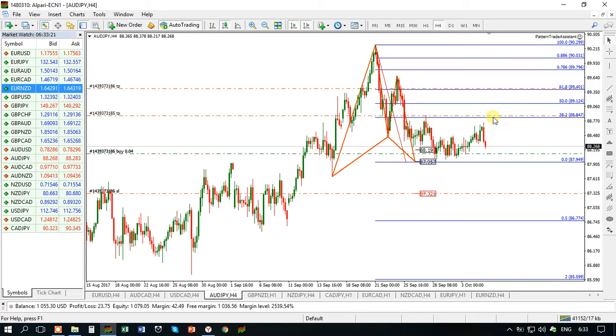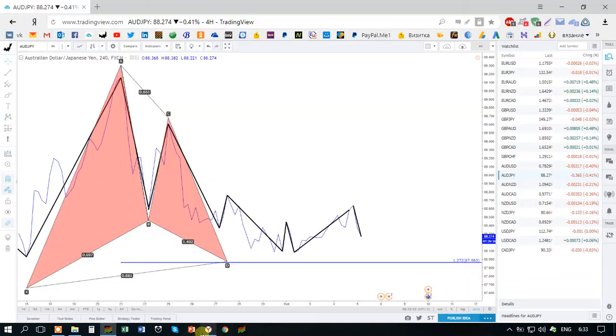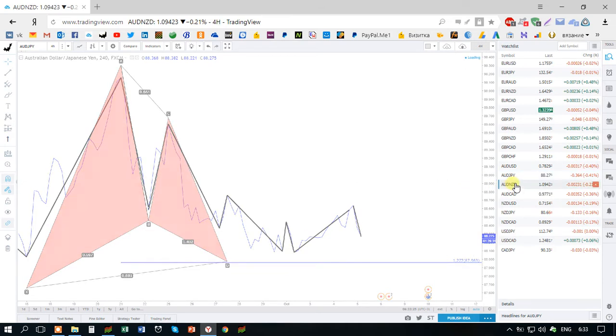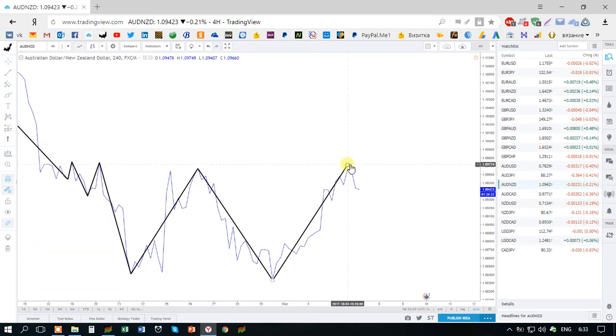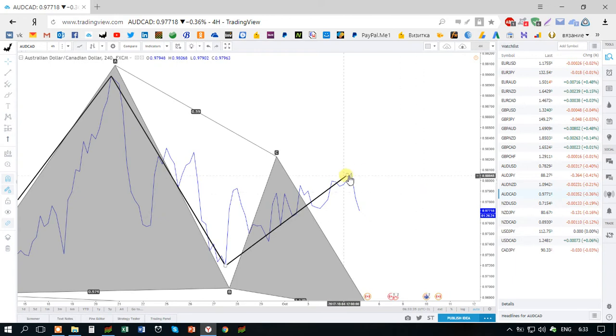We didn't hit the target, and we go lower. Aussie New Zealand, nothing, at least for now. Aussie Canadian, okay, we move lower like this.